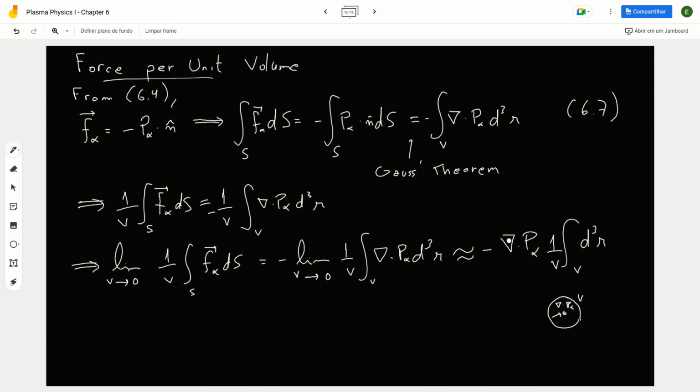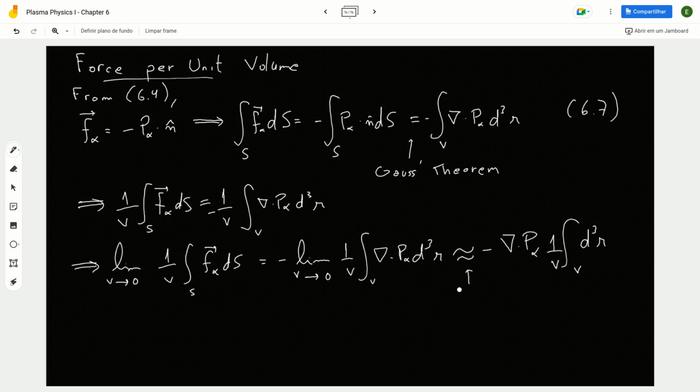So I'm taking this approximation that the divergence is approximately the divergence at the central point. It's about the same in all points in this small sphere. So that's why I could remove it from the integral. Well, it's not mathematically precise, but it's physically acceptable.